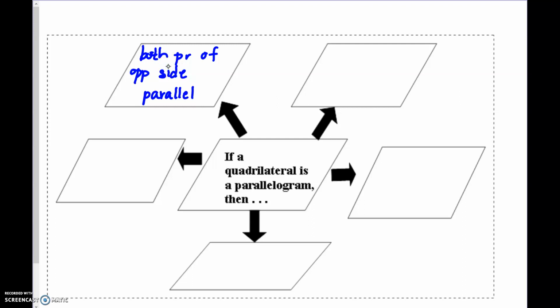If you look at these, what do you think is going to happen if you measure this top side and this bottom side? What do you think perhaps is going to happen? And then if you measure this left side and this right side, both pairs of opposite sides are congruent.